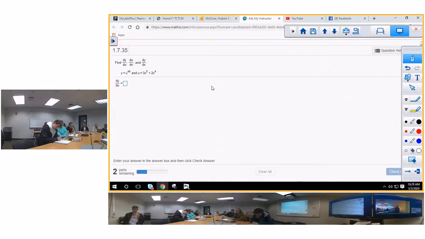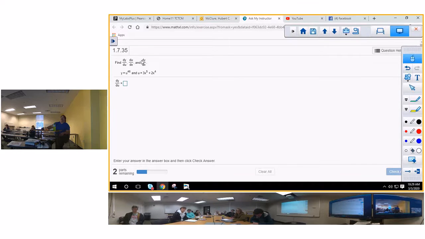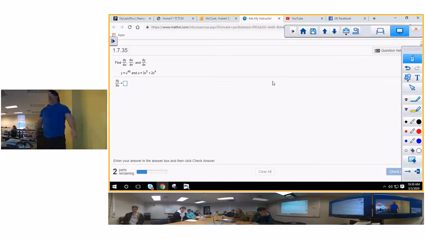35. dy du, du dx, and dy dx. Plug and chug. Plug this into this, and then just do the chain rule. Another problem, all they needed to do was just write it the way you need to write it.